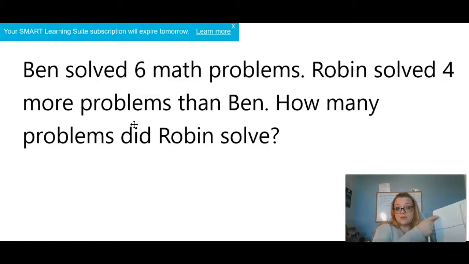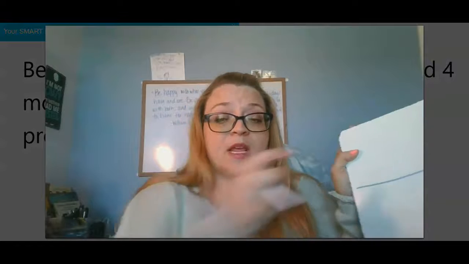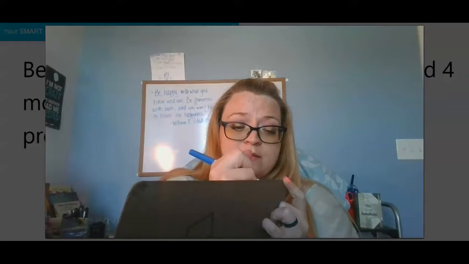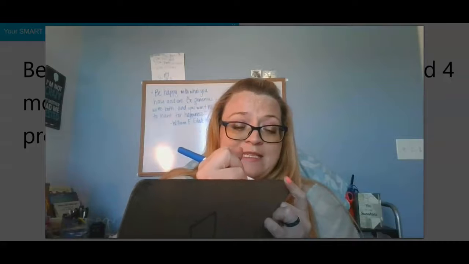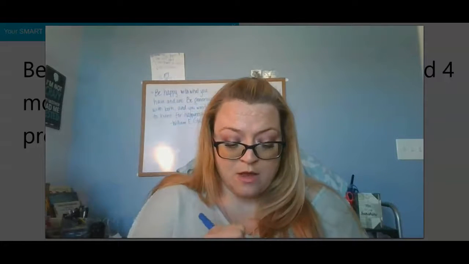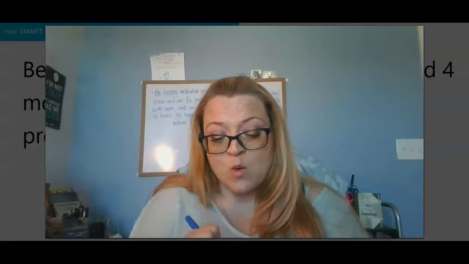So in my first box, I'm going to go ahead and make myself big since we know our parts are 4 and 6. In my first box, I'm going to write 6 problems. I need to make sure that I put my unit because we need to know what we're counting. And 4 more problems.